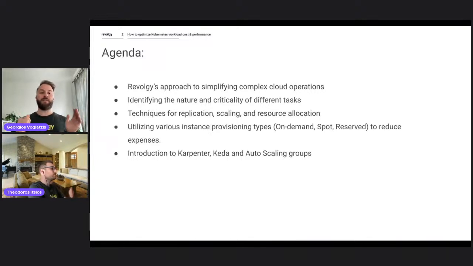Revolgy's approach is the first topic that we are going to discuss, and the main thing that we are going to try to share here is how to help you identify the nature and criticality of different tasks, techniques of replication, scaling, and resource allocation, utilizing various instance provisioning types such as on-demand, spot, and reserve instances to reduce expenses. And as a last step, we are going to take an introduction to some of the tools available like Karpenter, KEDA, and Autoscaling Groups.